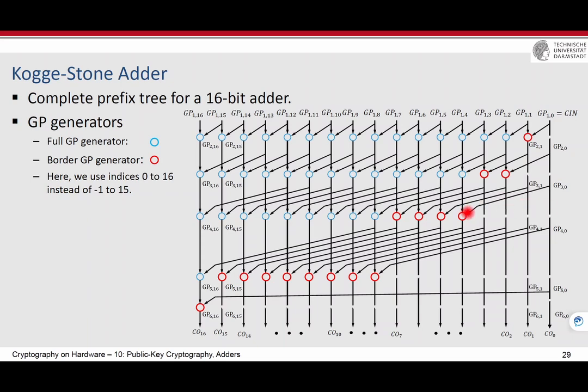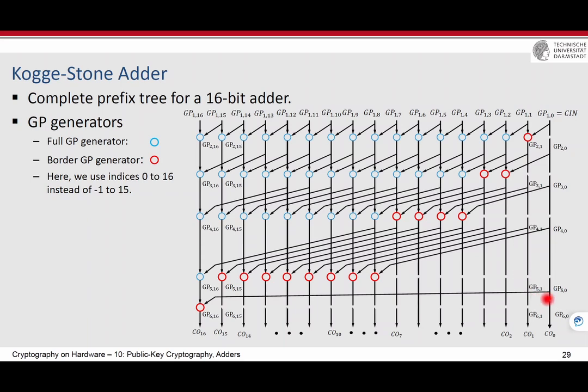Here the distance is 4 columns, and here 8 columns. It means that every time it is just multiplied by 2. Or if you have a layer index, then the distance between the GPs which arrive here is 2 to the power of the layer index.